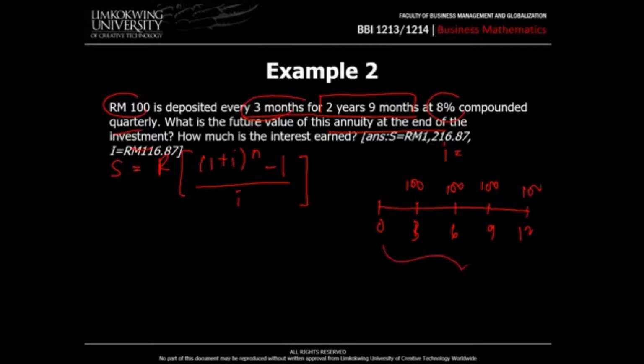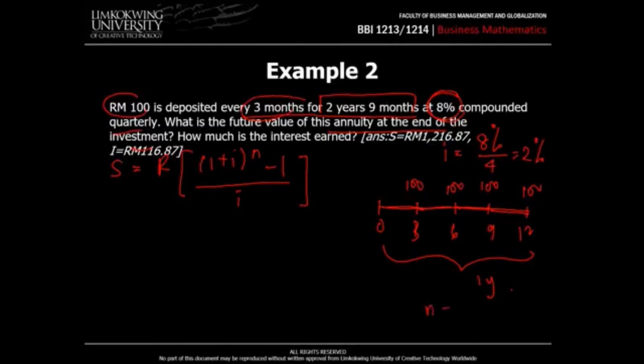So this is 1 year. In 1 year, how many times did you deposit? 1, 2, 3, 4. So how about the interest? 8% divided by 4, then you get 2%.